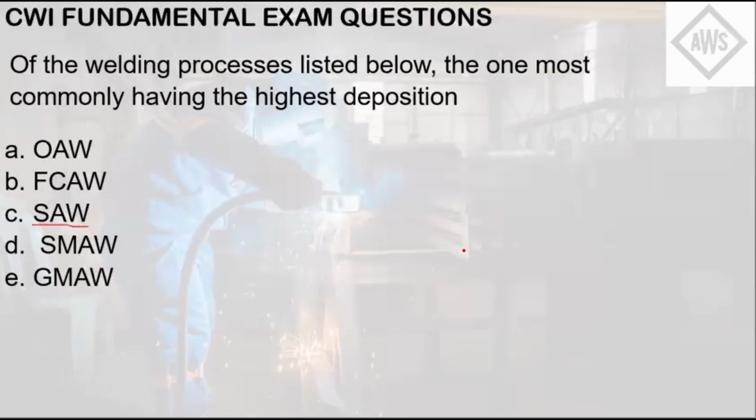Because out of all the welding processes, this has the largest deposition because of its setup and the characteristic of this process, as it is an automatic welding process, unlike the other welding processes that you can see here, which are either manual like SMAW, or GMAW, which is a semi-automatic process, and FCAW as well.